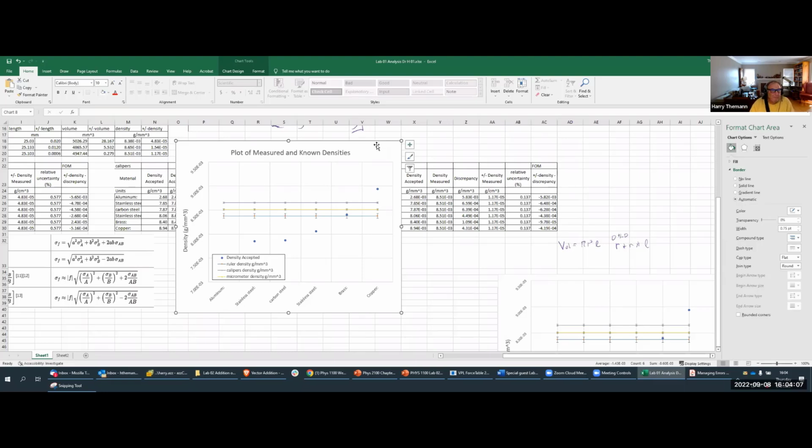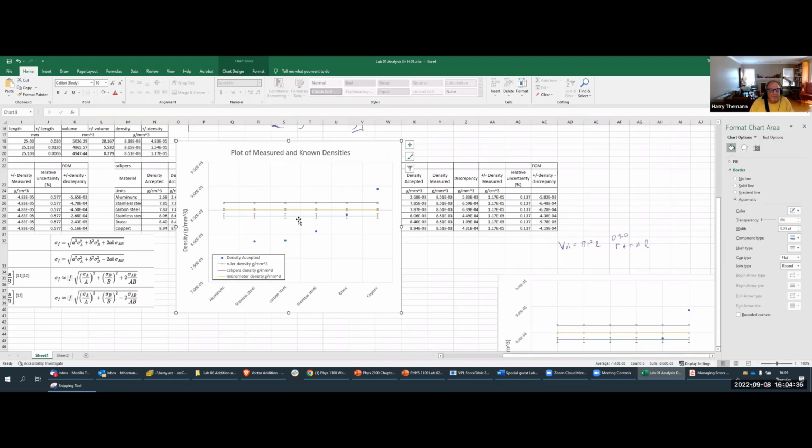So in the case of the ruler, if all we used was a ruler, we could declare victory. We didn't get quite the right number, but our error bar is large enough so that we know that we can claim that we found that it's brass. And a really nice setup would be if two densities were very close together. And notice that carbon steel and stainless steel are very close together.